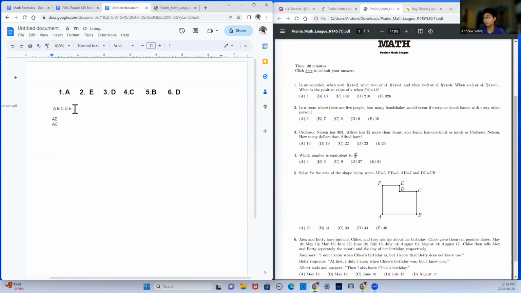So if everybody shakes hands with every other person, we will get AB, AC, AD, and AE.